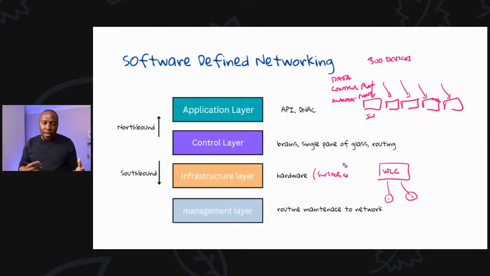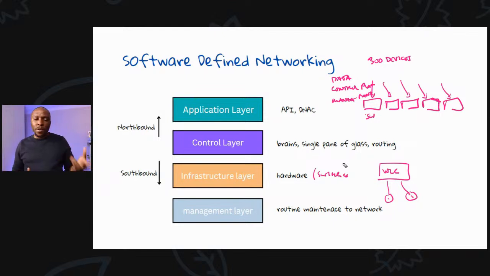So when you can decouple all these layers from the actual device, it means that you have the ability to then control them from a central point, and then also you're able to have a single point of view or perspective as to what's happening throughout the entire network.